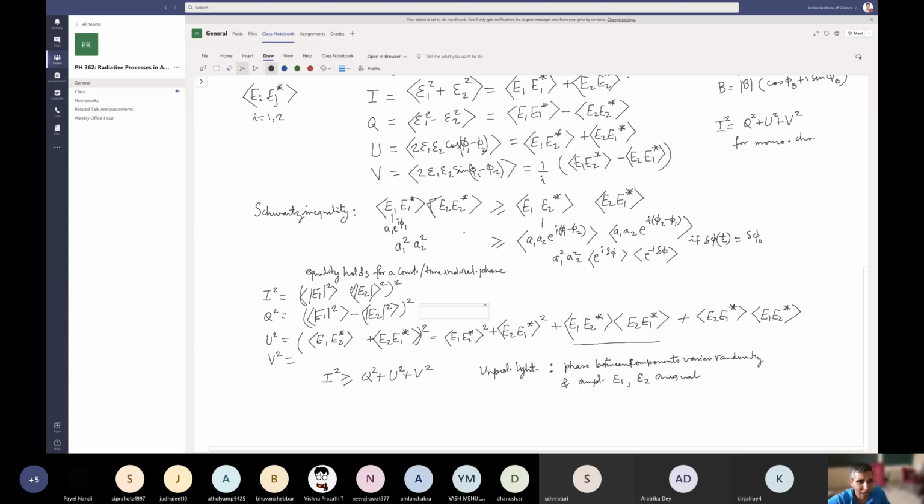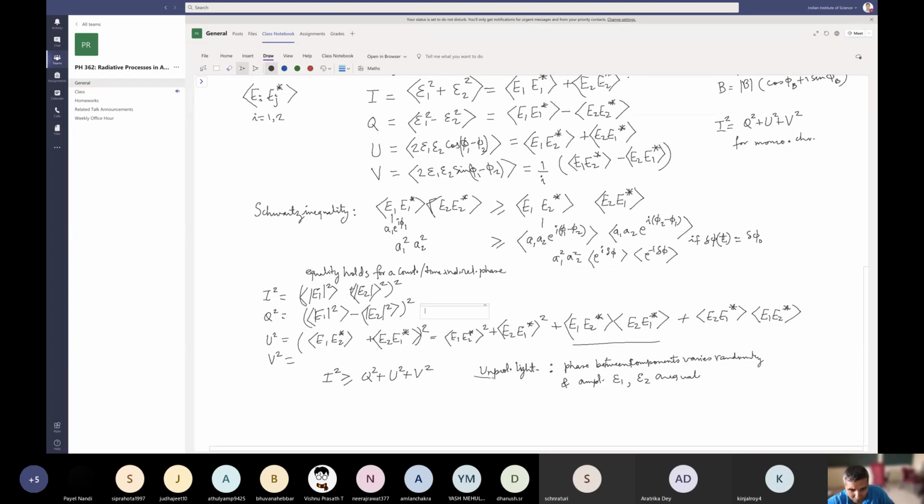What does it mean for I, Q, U, and V? If you look at these, epsilon1 and epsilon2 are equal in magnitude, so Q becomes 0. And phi1 minus phi2 is a random number. If you have cos of a random number which is changing very fast, this averages to 0. Similarly, sine of a random phase averages to 0.